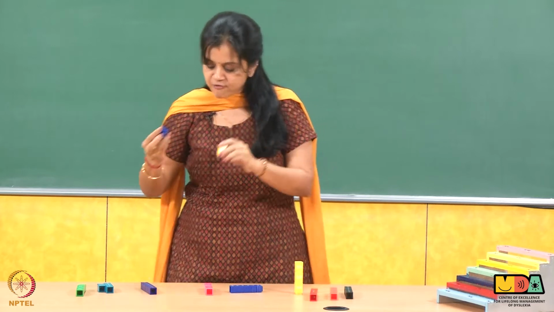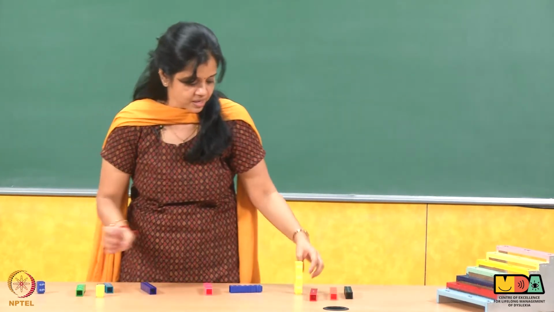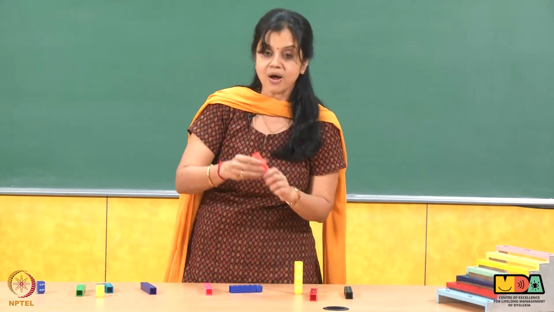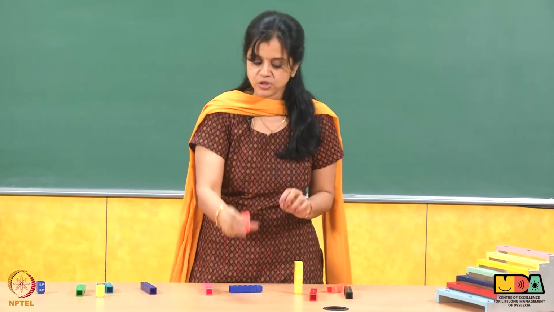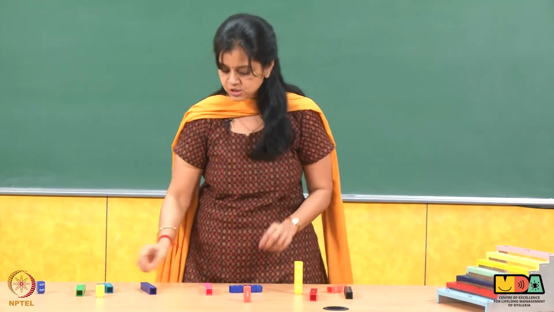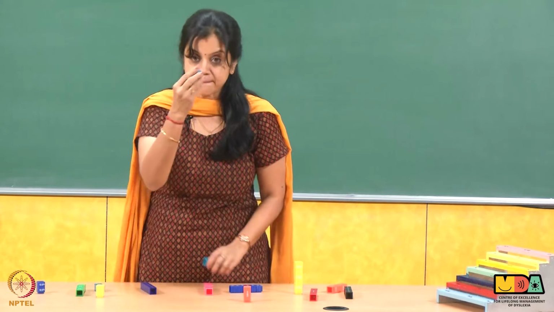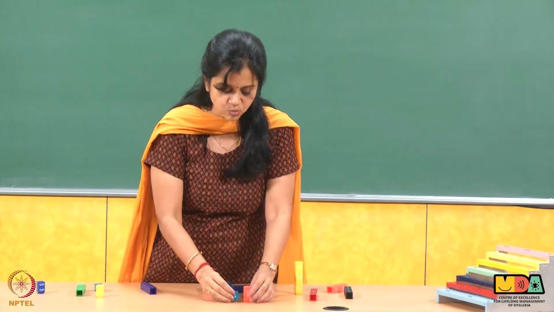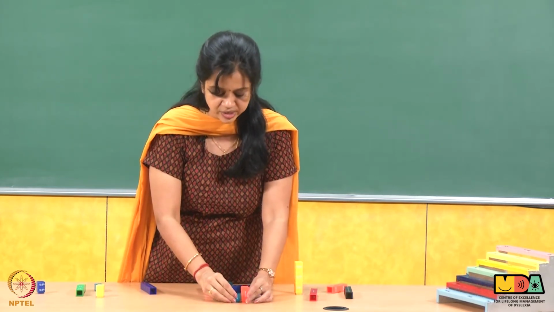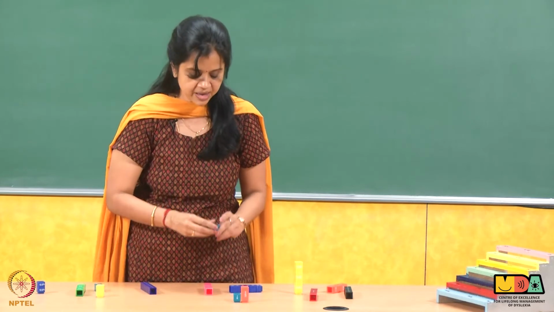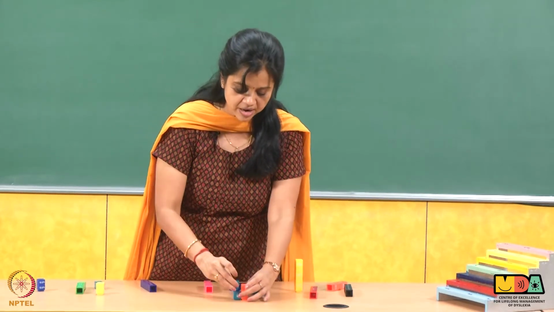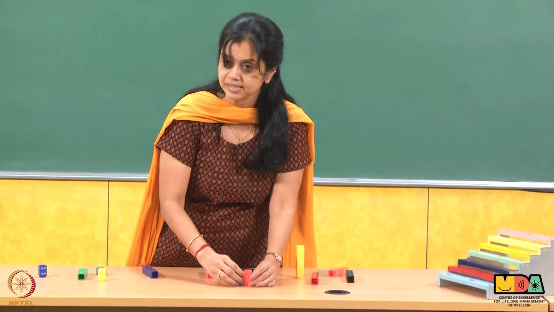Same way, if we take maybe another one, 1/3, the child puts it here. The child tries it, let us say with 1/6. The child places this 1/6 block next to it, the height is not the same, the child puts another one, yes, the height is the same.